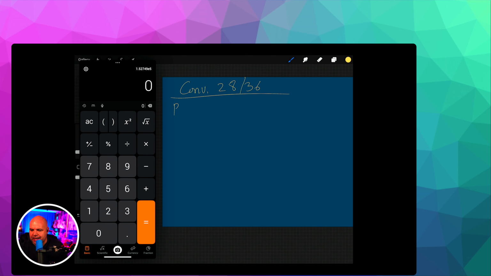They might say that the PITI is $1,150. Car payment is $300. Credit cards, $130.